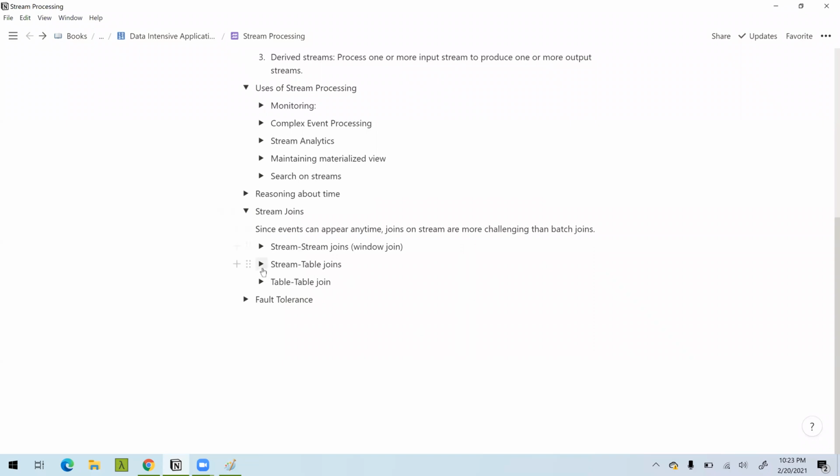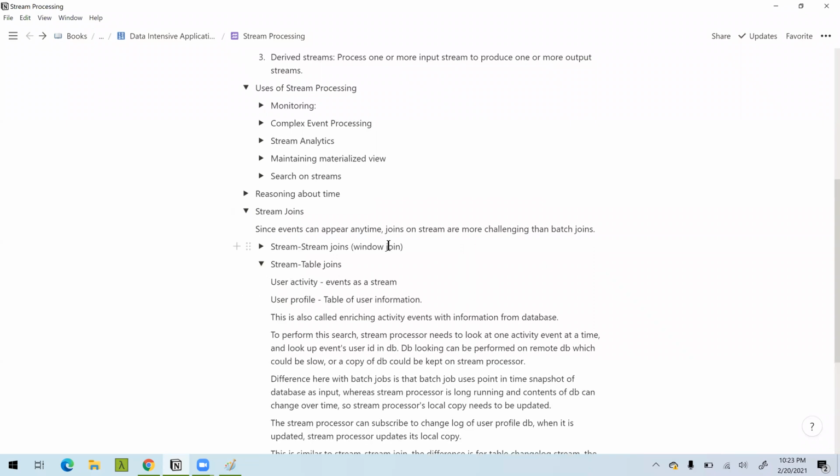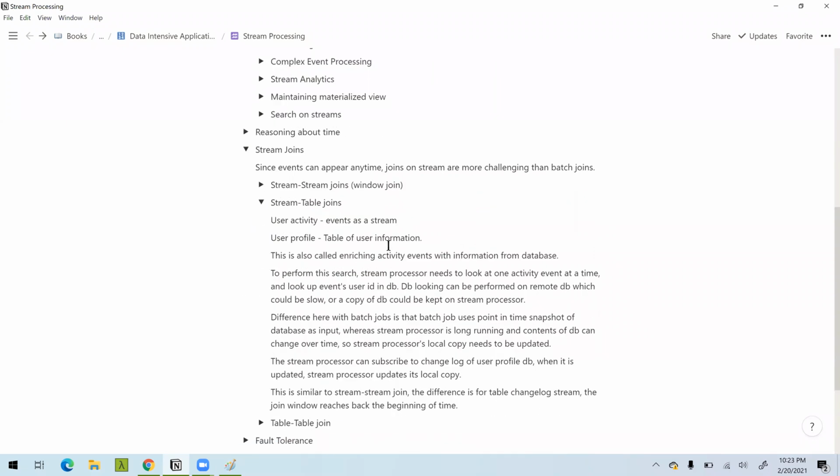The next type of join is the stream-table join. A stream-table join is where you have some activity events, right? Let's say you have some user activity, and you will be storing those events with the user ID. But the user profile will be stored in a separate table.